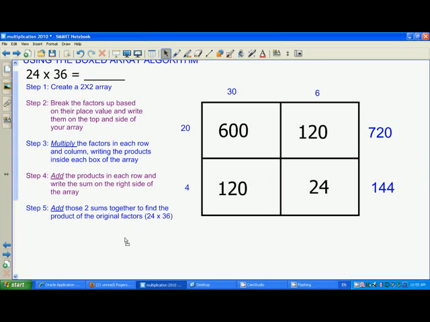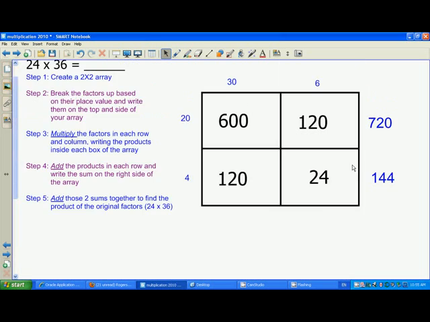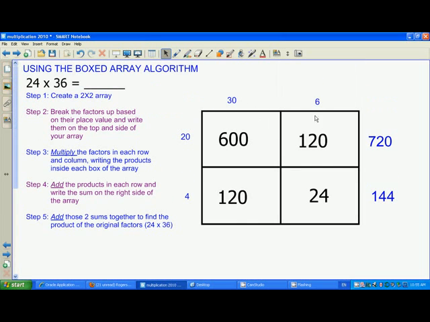I'm going to move on to step 5, and I'm going to now add those two sums together. So I'm going to take 720 and add that to 144. That's pretty simple.